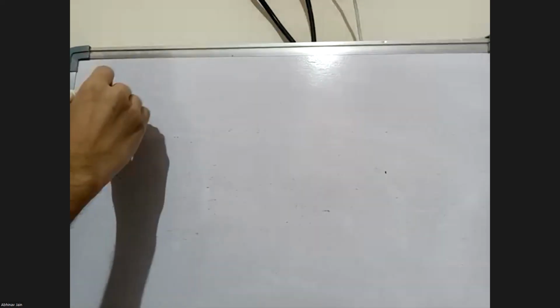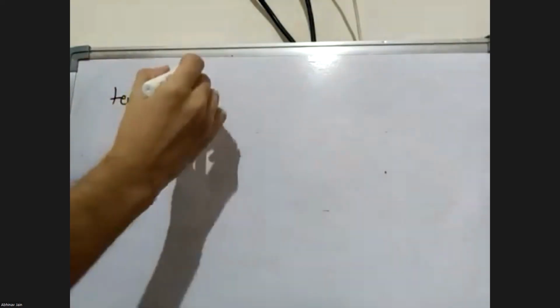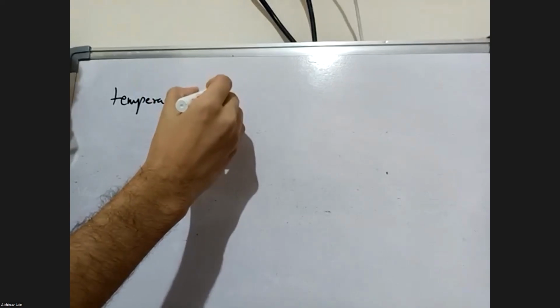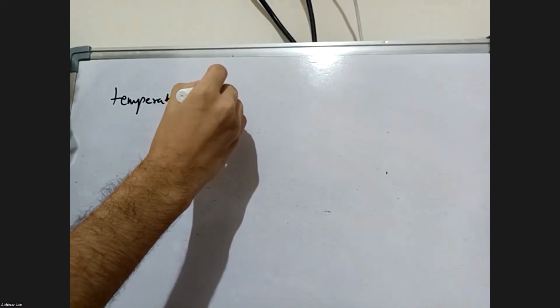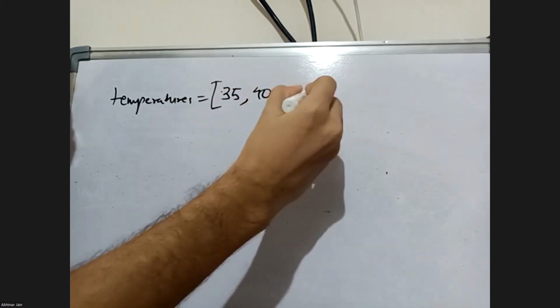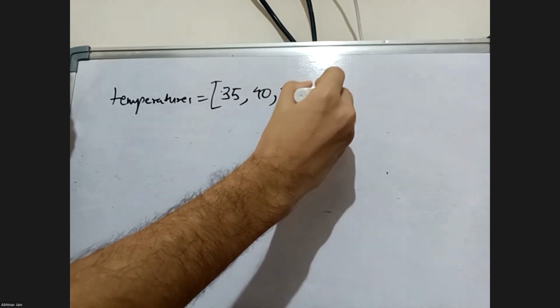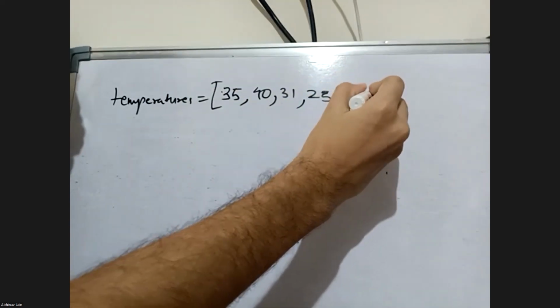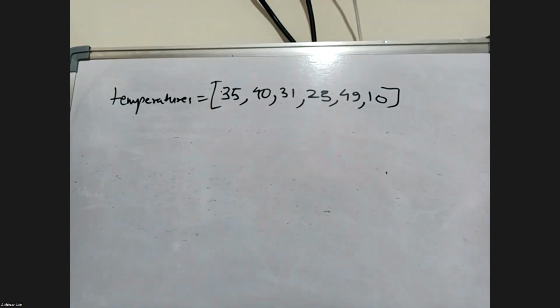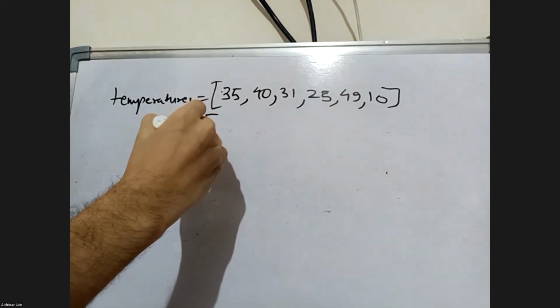Okay, so I have presented the board. Let us look at the question. Let us ourselves take some array. Let's do it in Celsius. Why not? Okay, so these are the temperatures and what will be the results? 35, 40.